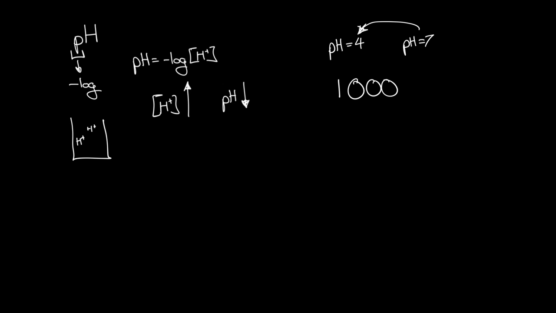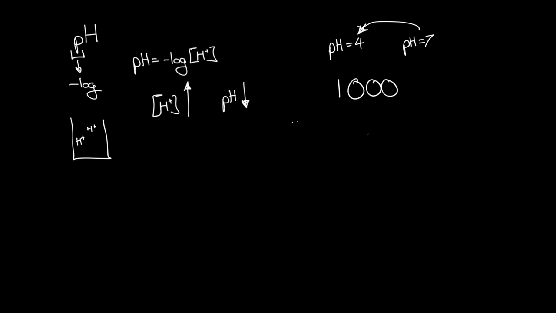Because we mentioned here that this is the log base of 10. And so in this case, that decrease there, the pH of 4 implies that the concentration of the protons here would be 10, right? Let me write it down here so you guys can see it.